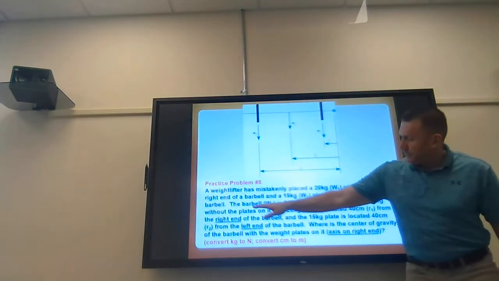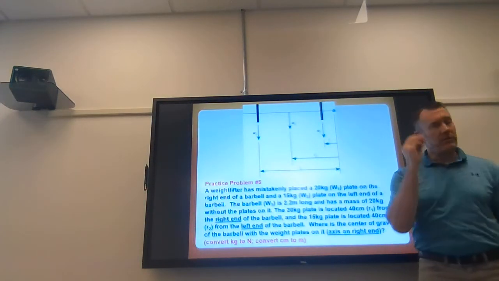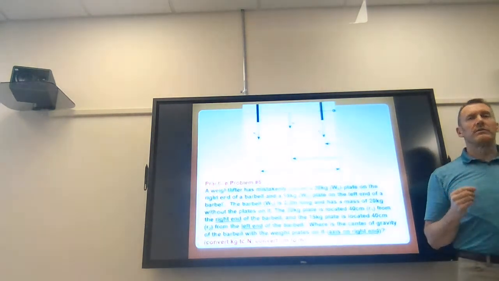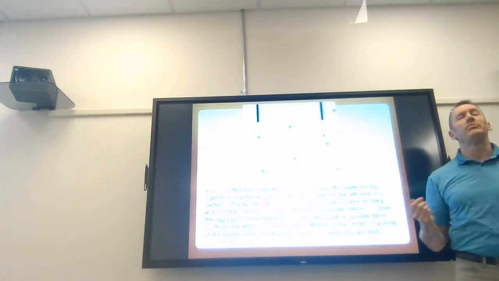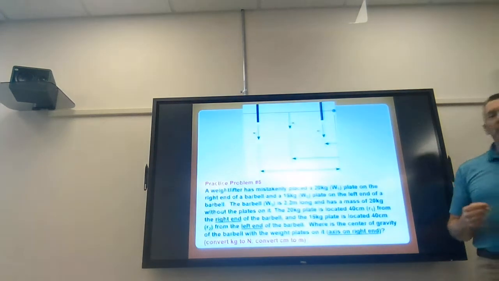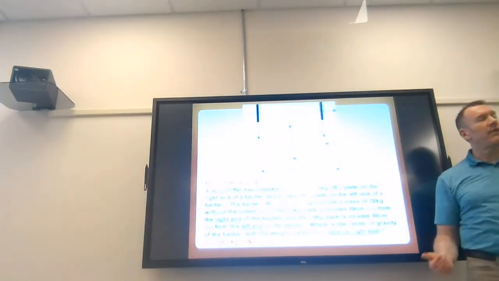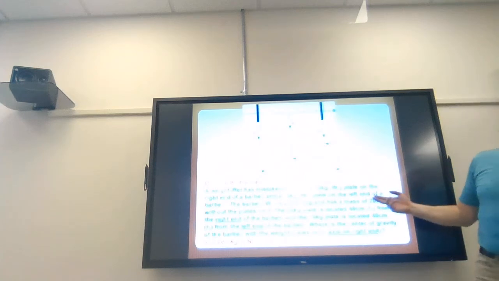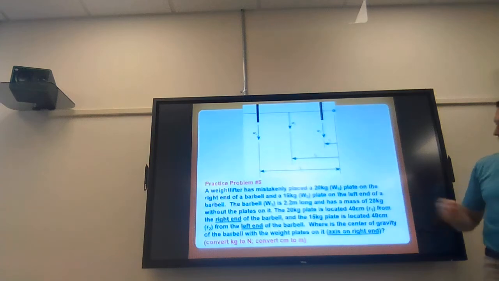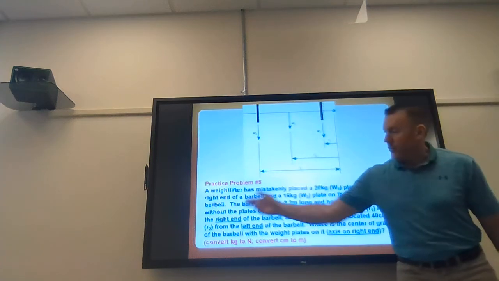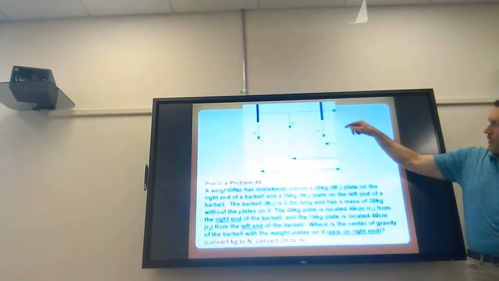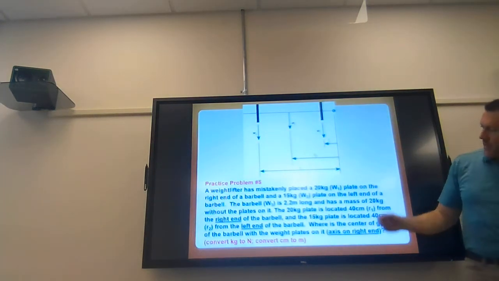The barbell, so that's the third weight, is 2.2 meters long. Standard barbell, 2.2 meters, and has a mass of 20 kilograms. That's 45 pounds, without the plates on it. The 20-kilogram plate is located 40 centimeters from the right end of the barbell. So that's what R1 is, 40 centimeters.